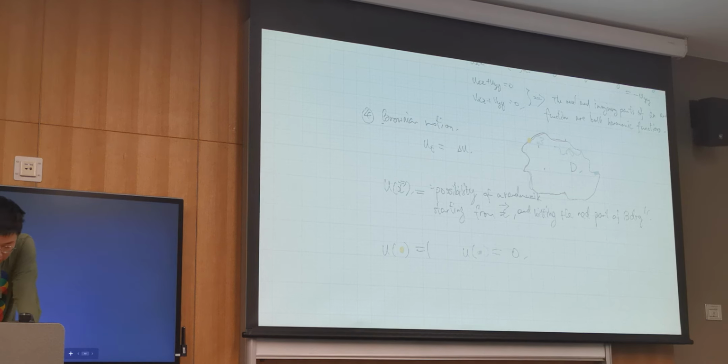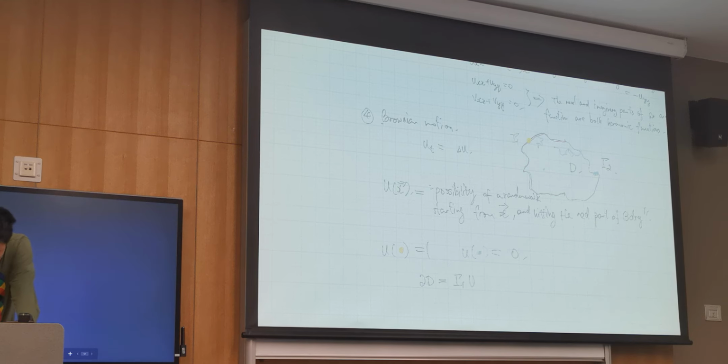If I'm calling the red part of the boundary gamma 1, and the black part of the boundary gamma 2, then of course the boundary of the domain is the union of gamma 1 and gamma 2.